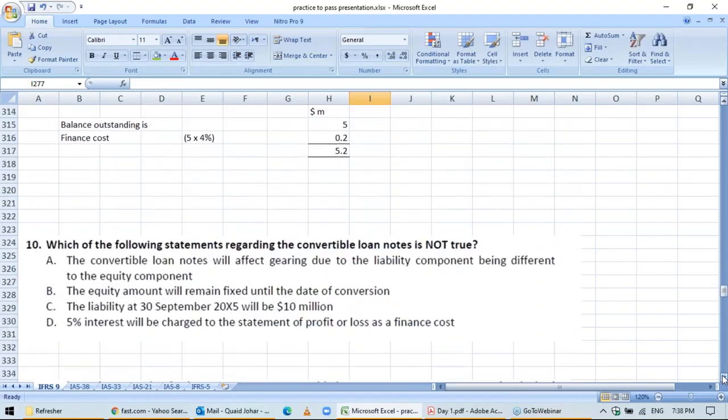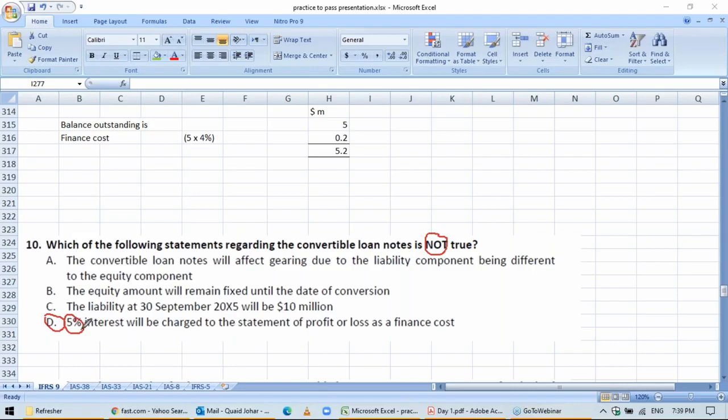Okay, let's move on to question number 10. Which of the following statements regarding convertible loan notes is not true? Be careful. What is not true? See, option D says that interest is recognized at 5%.